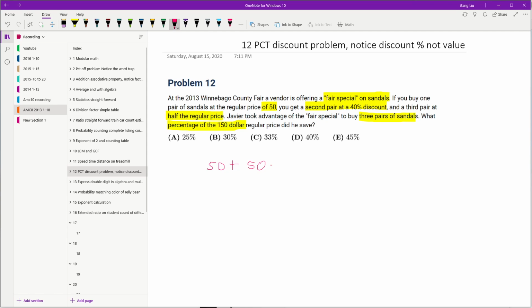That's 50 multiply 1 minus 0.4 and plus 50 multiply 1 minus 0.5.